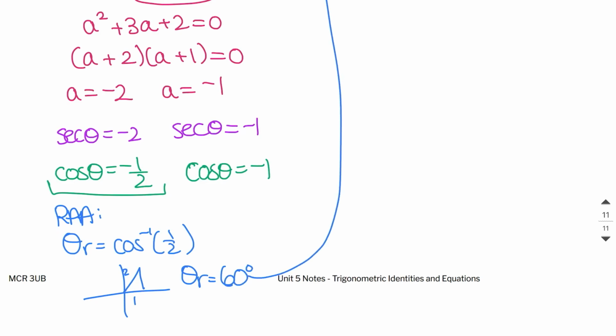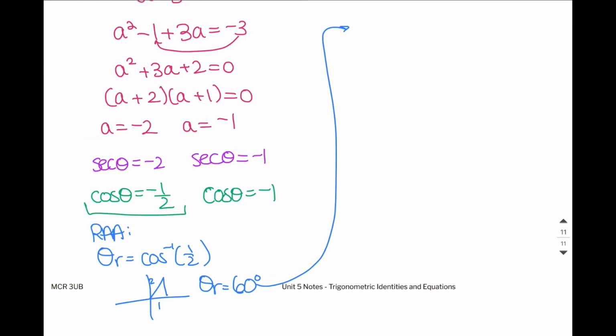Okay, so now that I've done this, this is again for cosine of theta is equal to -1/2. We know that our related acute angle is going to be 60 degrees. However, cosine is going to be negative, and we know that cosine is negative in quadrants 2 and 3. And we also know that our related acute angle is 60 degrees.